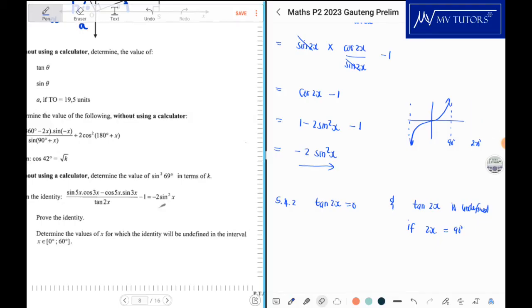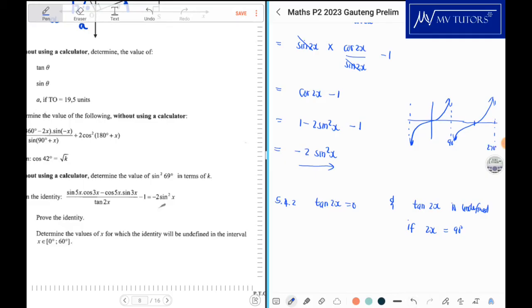Okay, that should be a bit bigger, but you get the flow, right? This would be 180, that's 270. So you always have your asymptote every 90, 270.